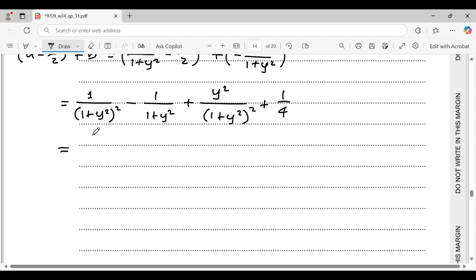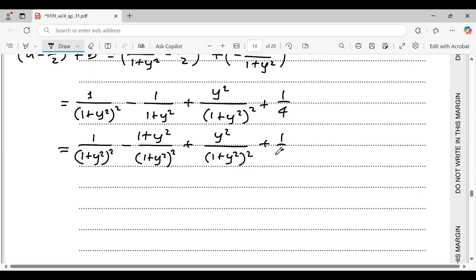It becomes 1 over 1 plus y squared, minus 1 plus y squared over 1 plus y squared, so times 1 plus y squared over 1 plus y squared, over 1 plus y squared, plus 1/4.